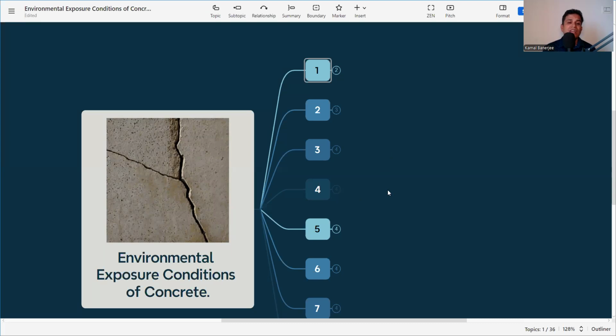So without wasting time, let's jump into the subject, that is environmental exposure conditions. What does it mean? Whatever concrete we are doing, the concrete is on the earth surface, so there are different weather conditions. Some areas are extremely hot, some too rainy, some too cold, some are seashore or coastal areas, or some areas where harmful chemical effects can happen.